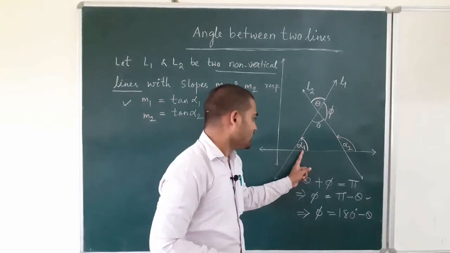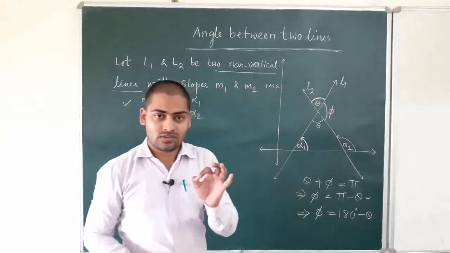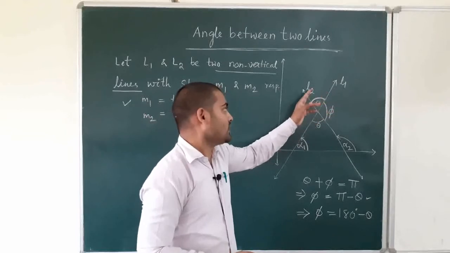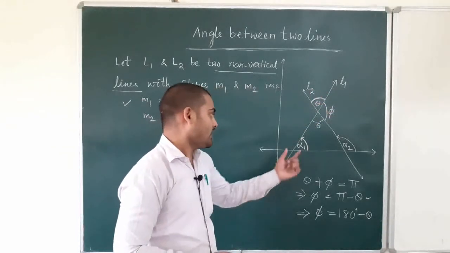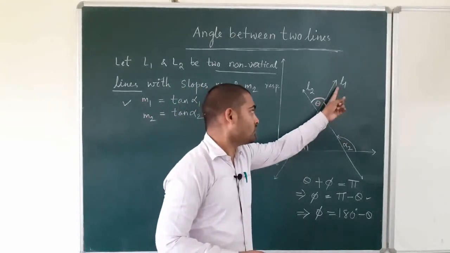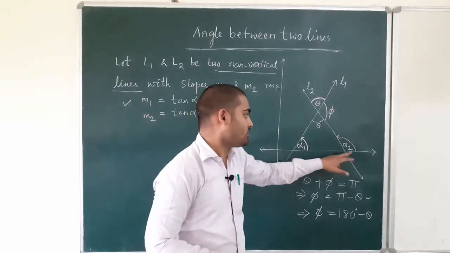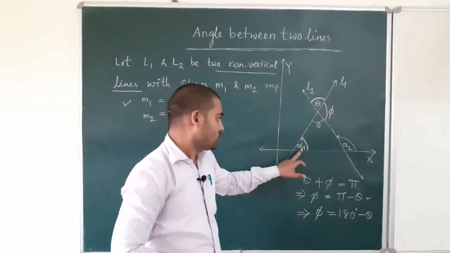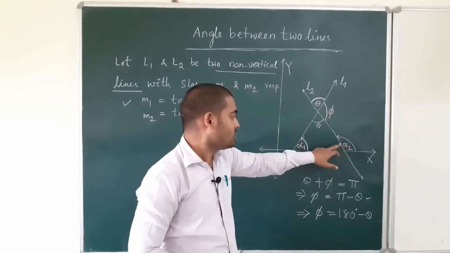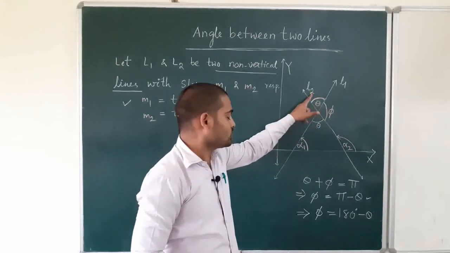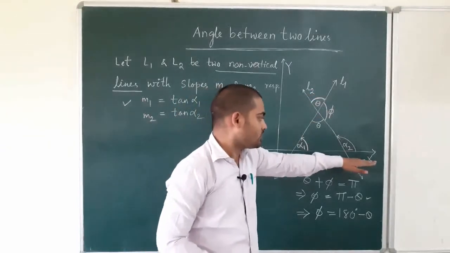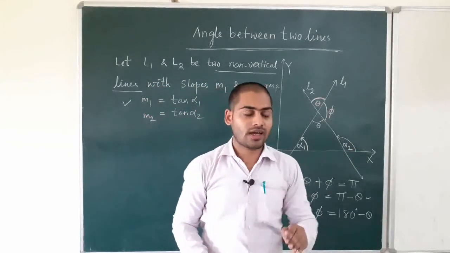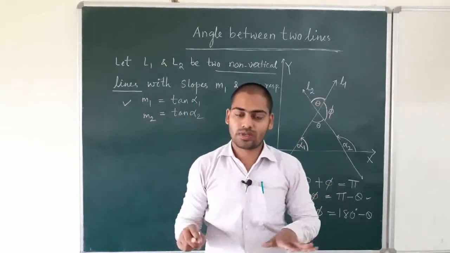Here alpha 1 and alpha 2 are the angles of inclination of the lines L1 and L2, that is, the angle made by the line L1 with the positive direction of the x-axis is alpha 1, and the angle made by the line L2 with the positive direction of the x-axis is alpha 2.